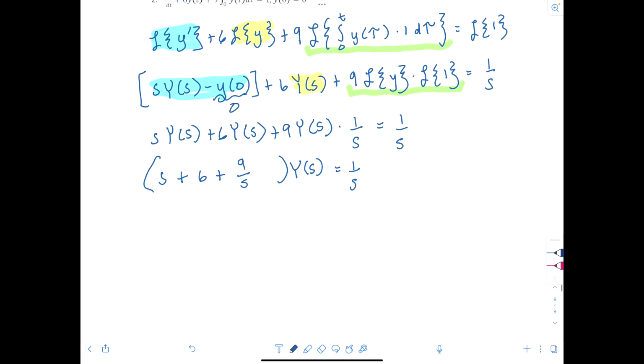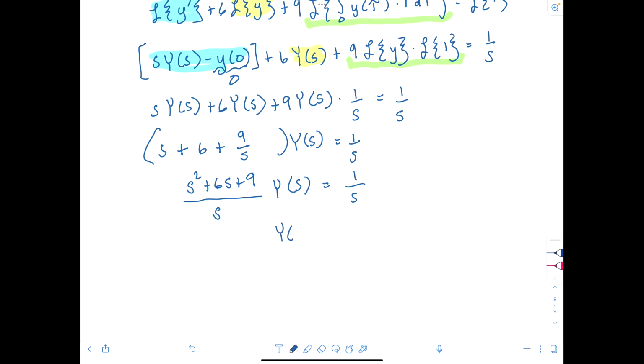And now I'll go ahead and clean this one up a little bit on the left side. So we'll end up with, we need a common denominator of s, so we will have (s squared plus 6s plus 9) all over s times Y(s) equals 1 over s.